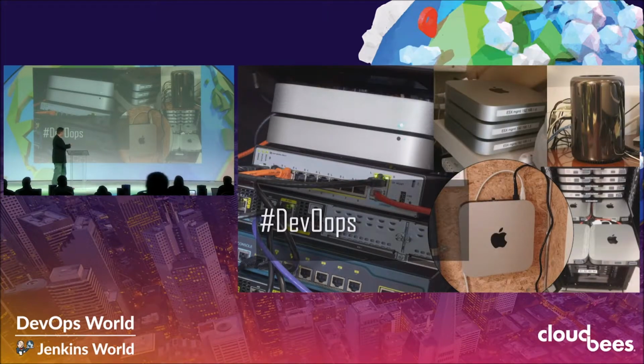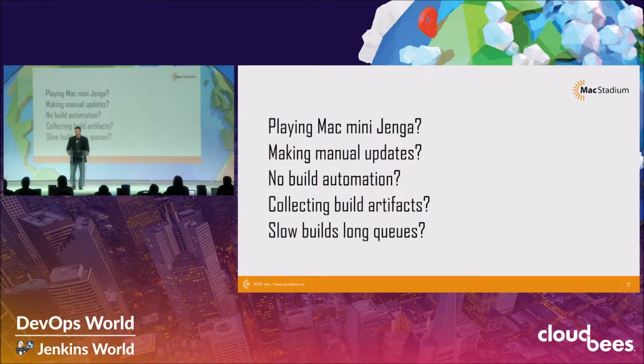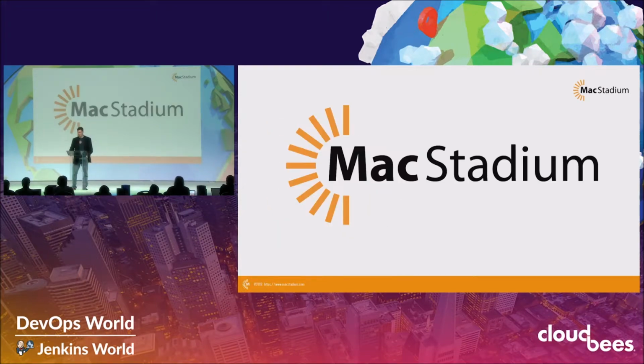How many of you have something like this sitting around? Big closet full of fun stuff. So you're playing Mac Jenga, you're making manual updates to OSs, you're not automating your build at this point, you're collecting build artifacts all over the place physically, and you've got slow builds, long queues because some of the hardware is old, some of it's not updated, nothing's consistent. At the end of the day, it's not the modern world, and it's not what you're seeing at DevOps here.